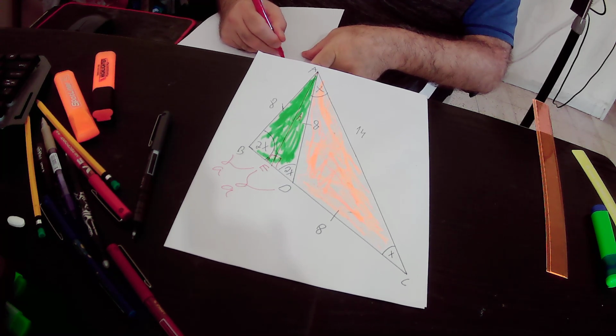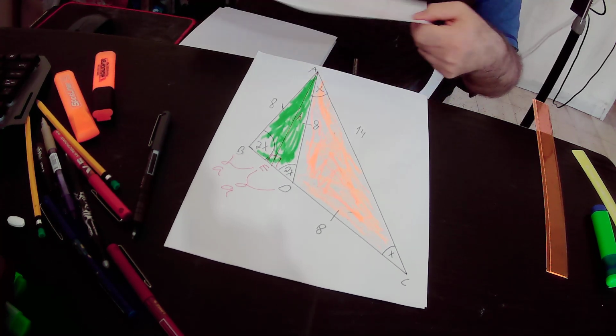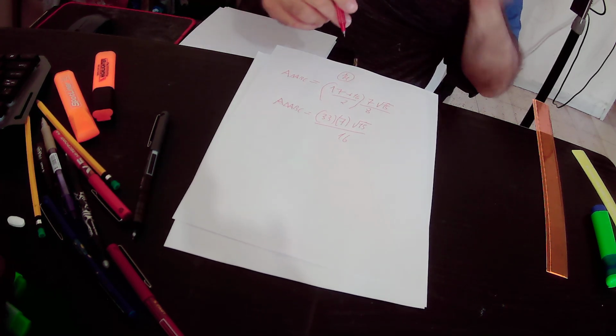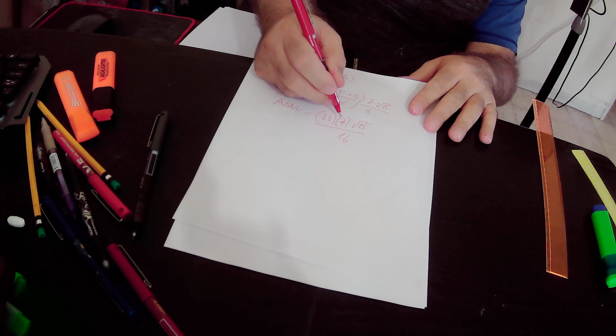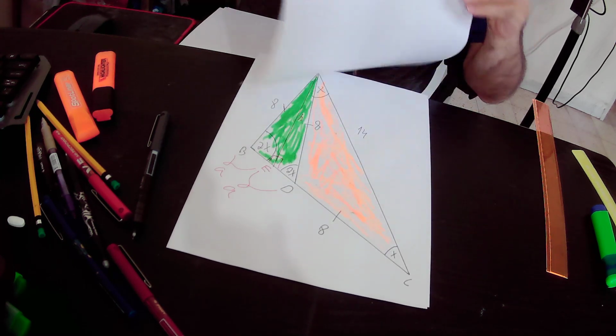So the area of triangle ABC equals 33 times 7 times root 15 over 16. 33 times 7 is 231. So I write it down.